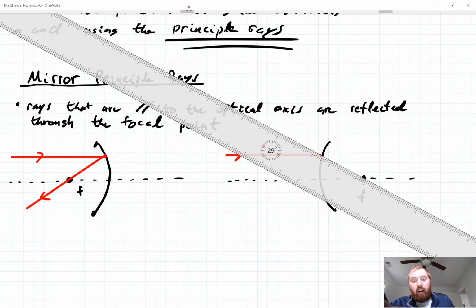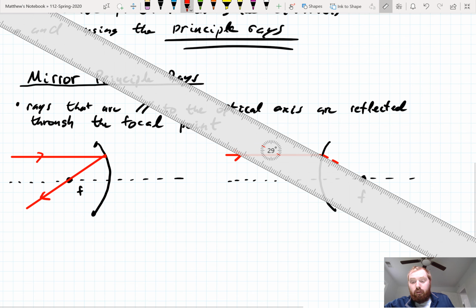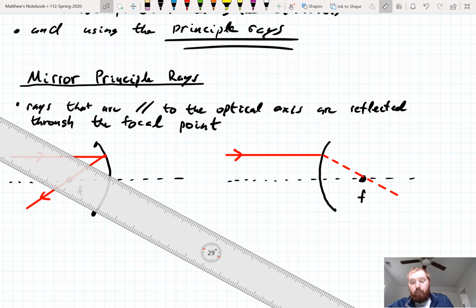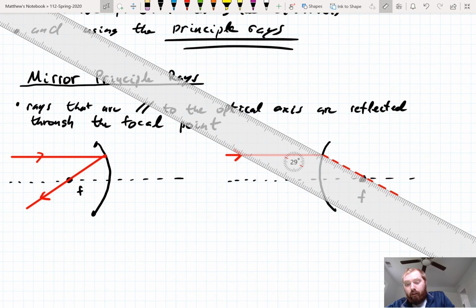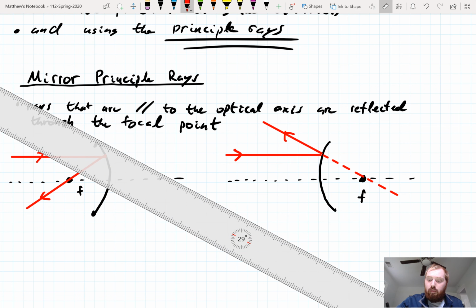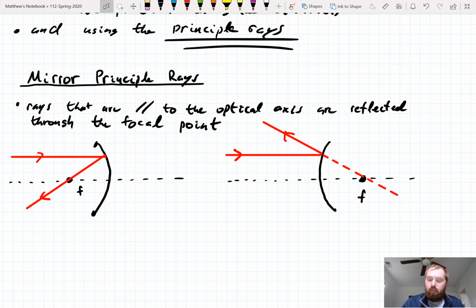So what we say is, look, let's draw a little dashed line here. There's a projection. Dash means projection, and this is going to tie into what we mean when we say real or virtual images. There's this projection here, and the reflected ray actually goes off like so. All right.